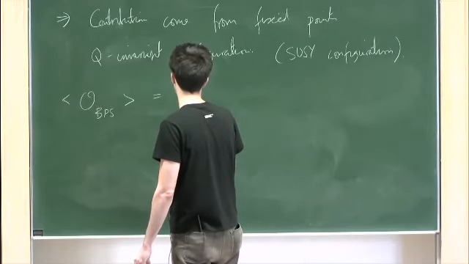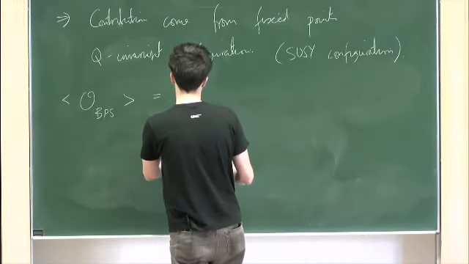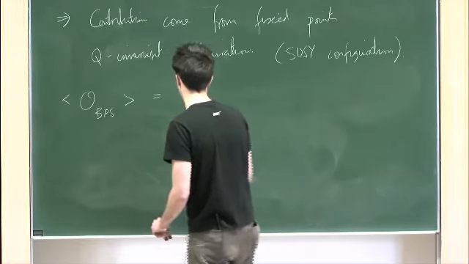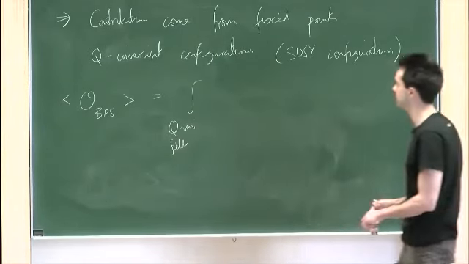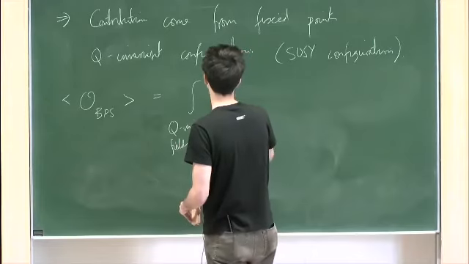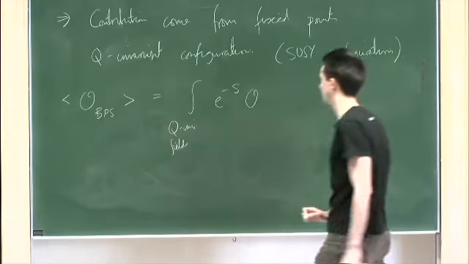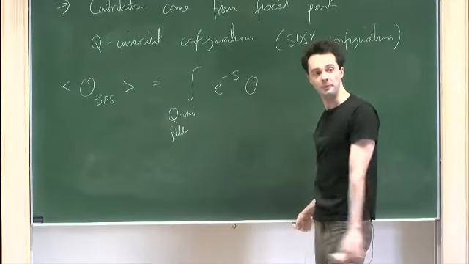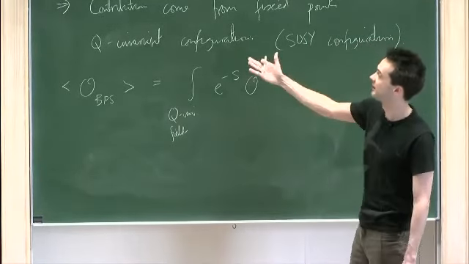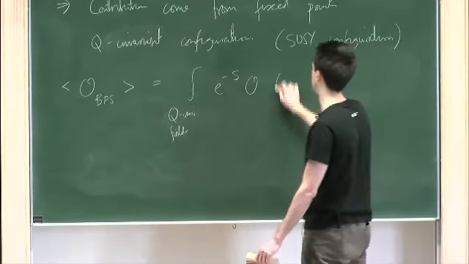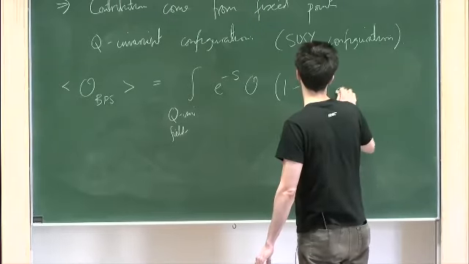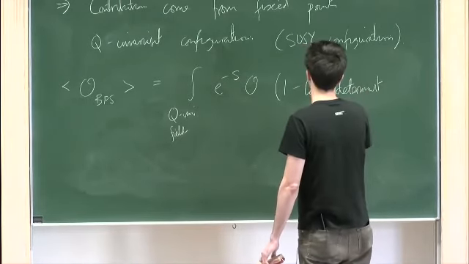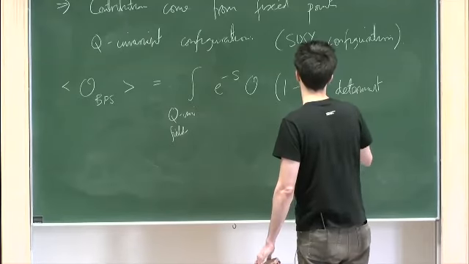This will end up being some integral over Q invariant fields, supersymmetric ones, of e to the minus S, O. But then there's also a contribution from the normal bundle to the fixed point set, is what you would say in the usual finite dimensional geometry setting, and that gives you a one loop determinant around each background.